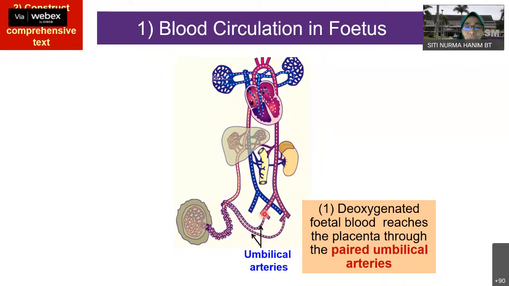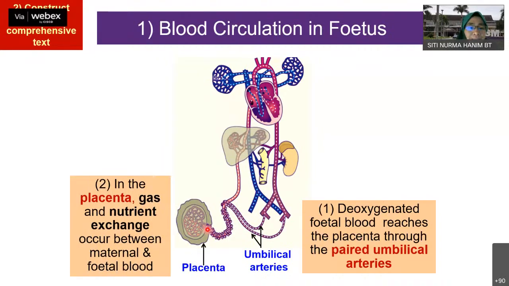The 2 umbilical arteries will carry the deoxygenated blood. What is deoxygenated blood? Deoxygenated blood is the blood that has less oxygen. This blood needs to be oxygenated to take up more oxygen, right? So it will be carried by the 2 umbilical arteries and go to the placenta. The placenta is just like a lung.